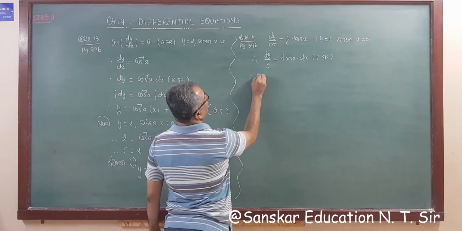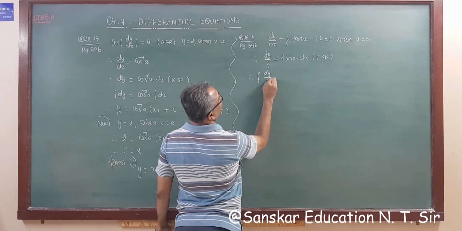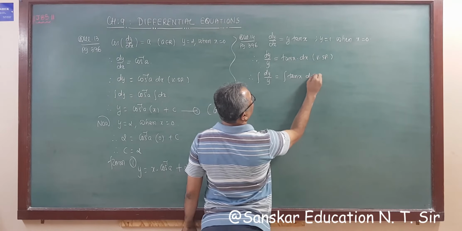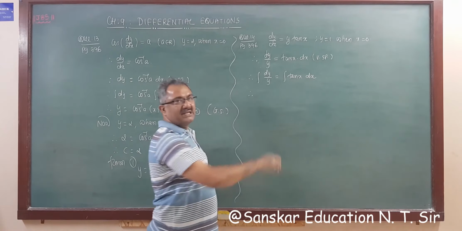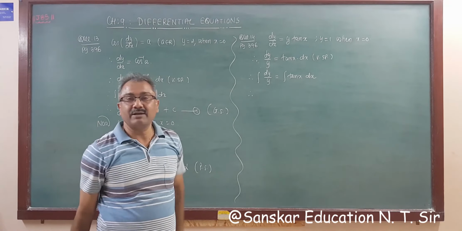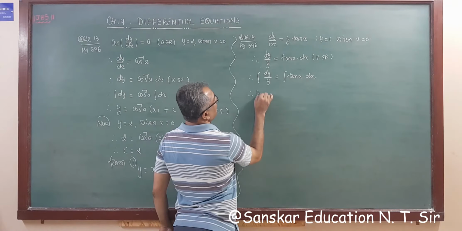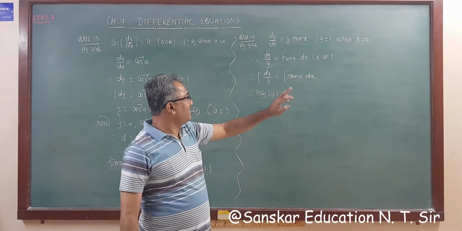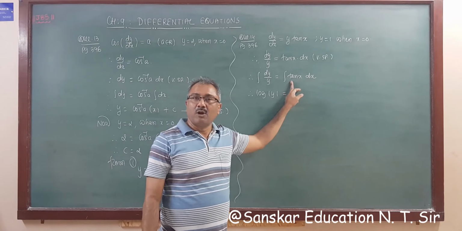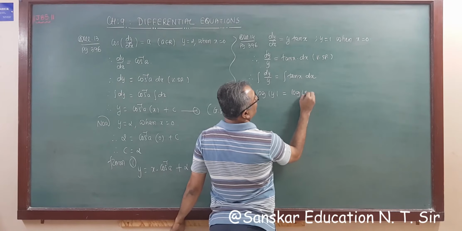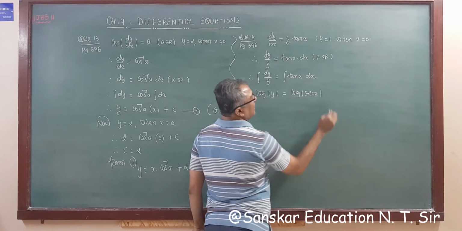Integrating, we get integration dy by y is equal to integration tan x dx. Now integration of this, derivative of the denominator is in the numerator, right? So this is log mod y is equal to integration of tan x, which is log mod sec x, plus an arbitrary constant.